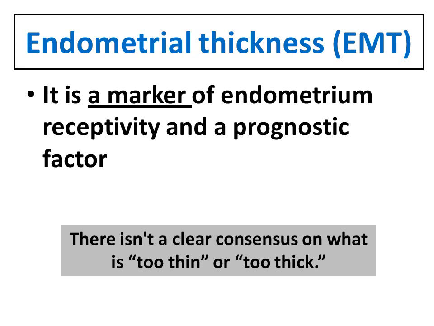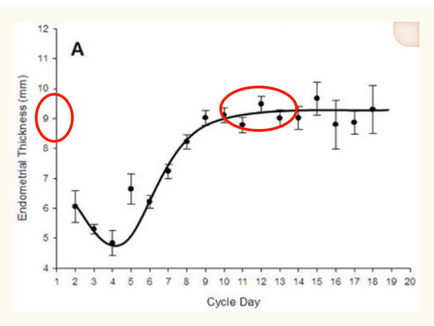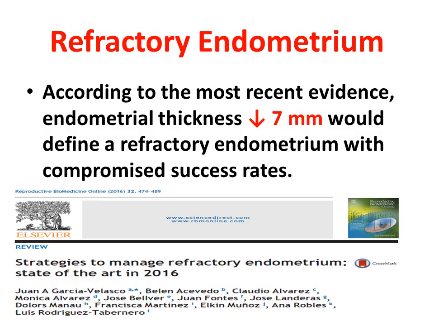There is no clear consensus on what's too thin or too thick. The optimal thickness of the endometrium at the time of ovulation, pre-ovulatory, should be more than 8 millimeters. If it is less than 8 millimeters, this means less possibility of pregnancy. In this figure, you can see that at the pre-ovulatory time, an endometrium of around 9 to 10 millimeters is average.